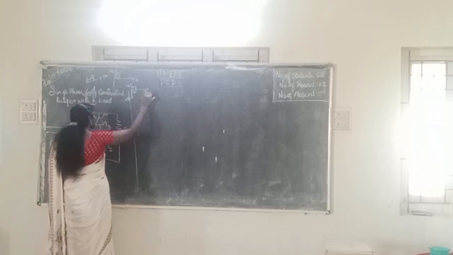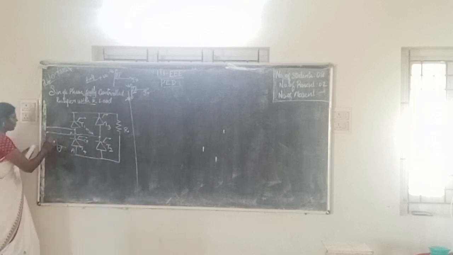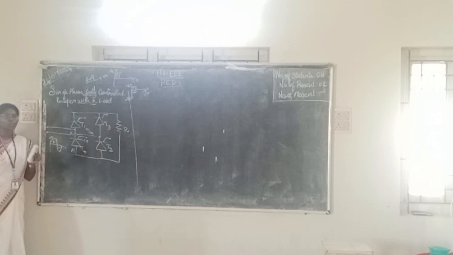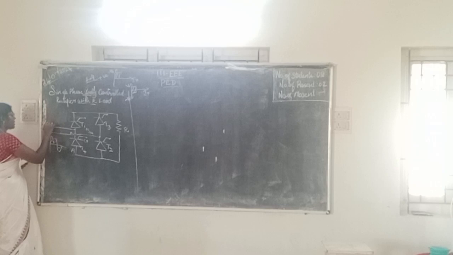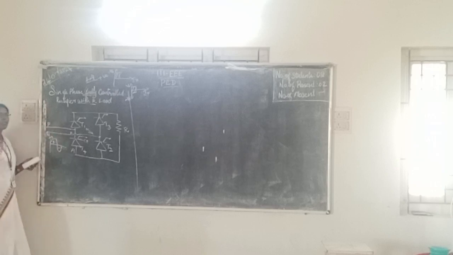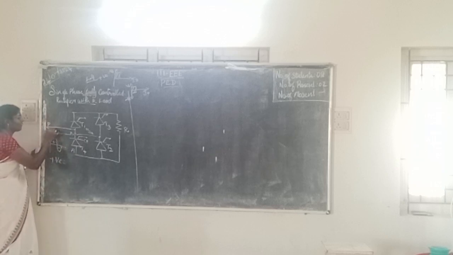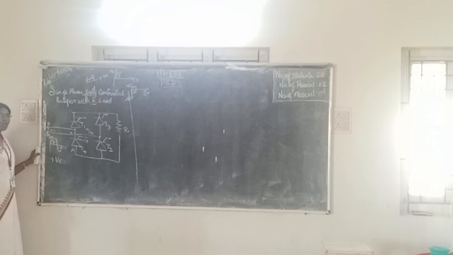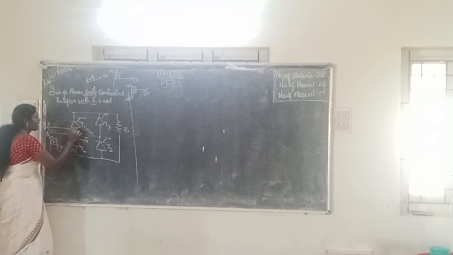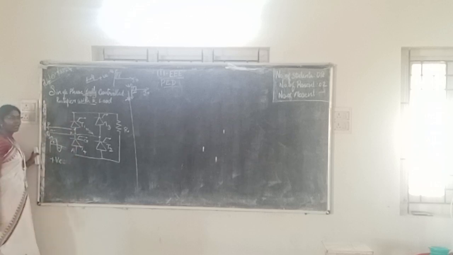Now, during the positive half cycle and negative half cycle, there are two modes of operation. First we will take this phase and neutral. The first condition is the operation during the positive half cycle. Whenever AC supply is given between this phase and neutral, the thyristor T1 is in the forward bias condition.